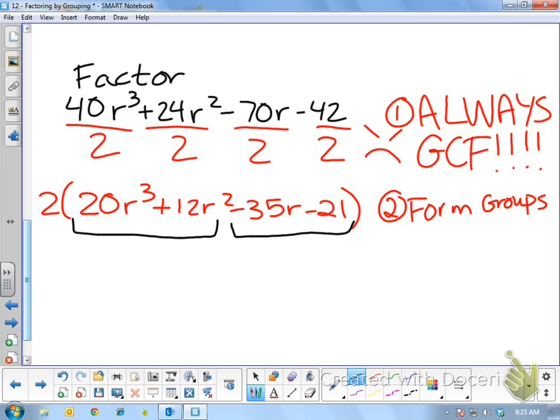We're going to consider these 2 pieces separately. 20r to the third plus 12r squared is one group. Negative 35r minus 21 is our second group. So once we formed our groups, we find the greatest common factor in each group.